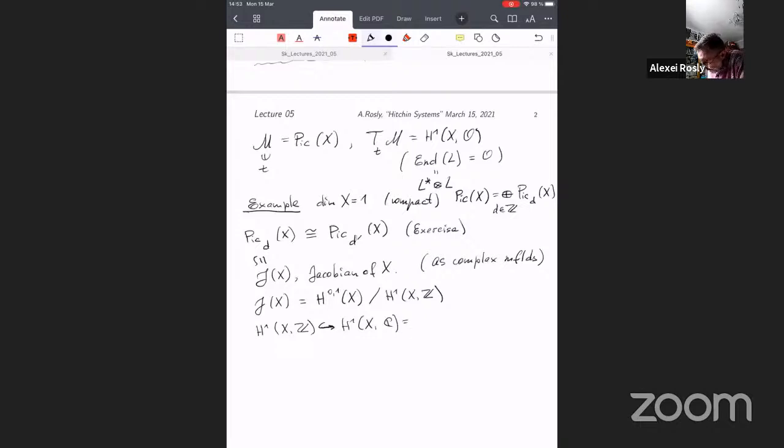And the latter is split into a direct sum of H^{10} of X plus H^{01} of X. And finally, we can project to the second factor.